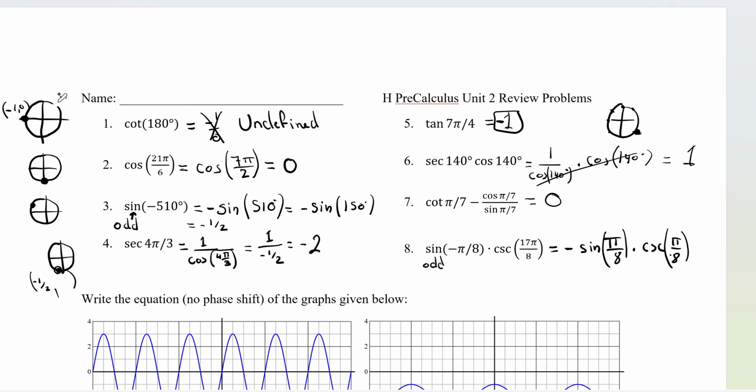Right, because 16 pi over 8 will be 2 pi, that's 1 full revolution plus 1 extra, so that would be the 17 pi over 8 right there. And so the cosecant, we have to remember that this is the same thing as the reciprocal, so it's multiplied by 1 over sine of pi over 8. And therefore those two cancel, that's just going to be equal to 1, but we have that negative in the front there, so that's a negative.